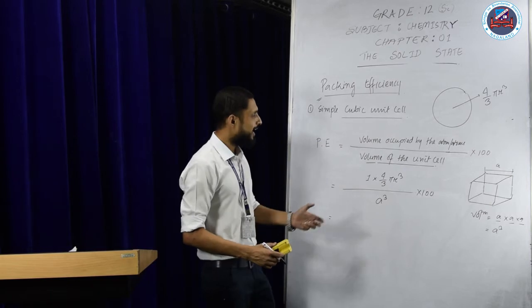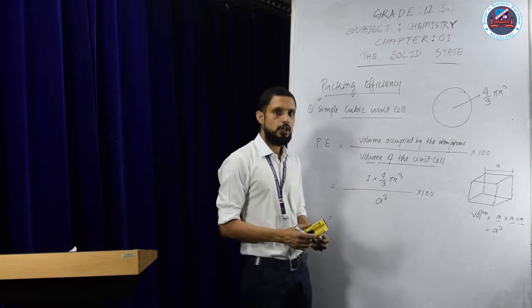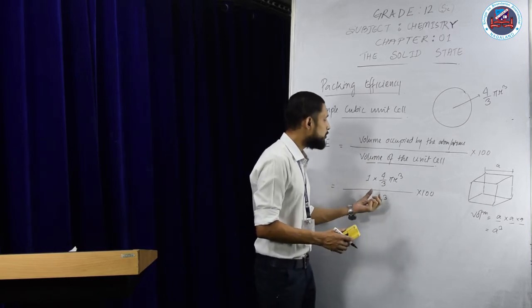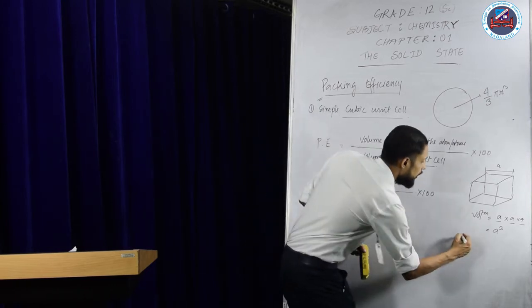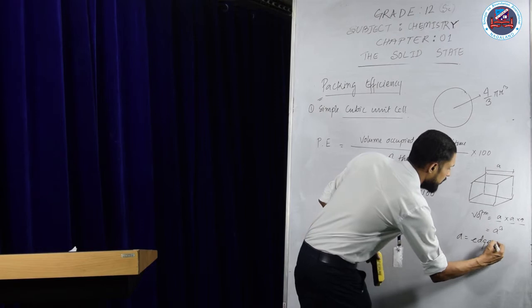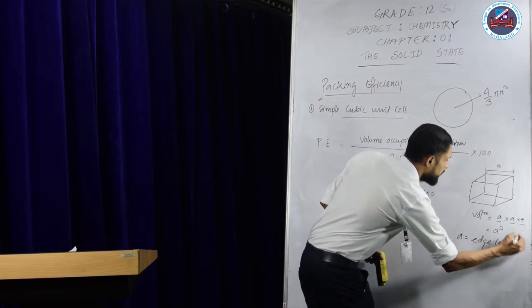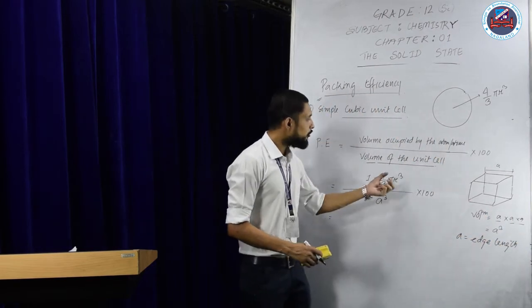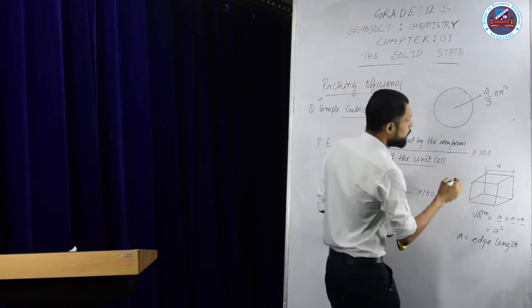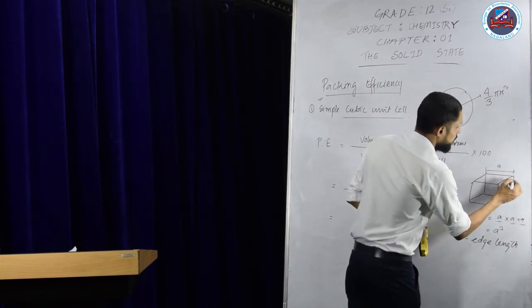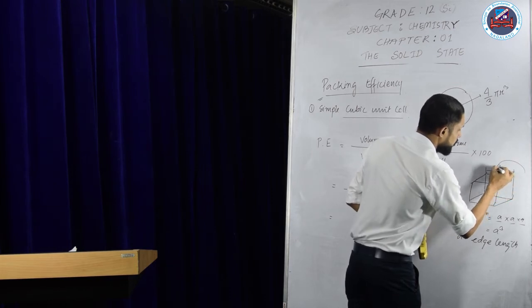Now, in order to calculate the packing efficiency, you need to know the relation between a, which is known as edge length, and the radius of the atom. Now, in case of simple cubic unit cell, the atoms are present at the corners.